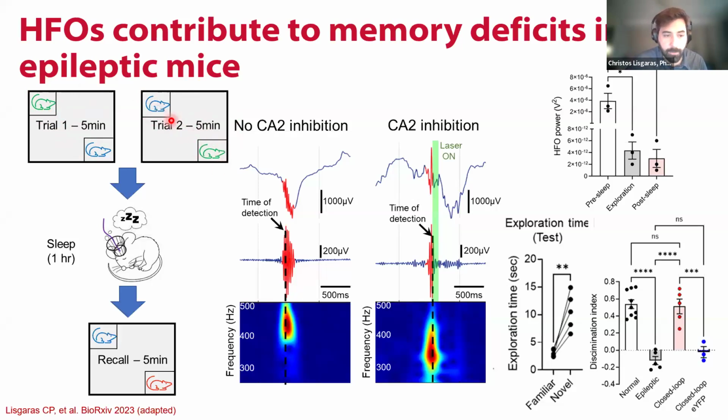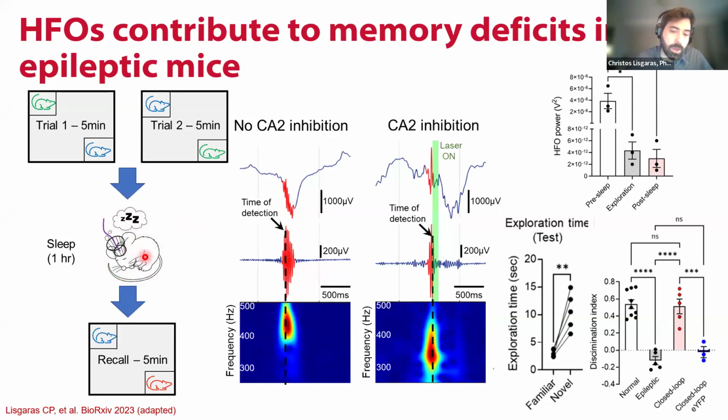We measure again. Then we put the animal back to the home cage when they usually sleep. And that time is advantageous because the mice at that time try to consolidate what they experienced during those learning trials. And that was the time that HFOs occurred. So we asked whether those HFOs would actually interfere with the ability of the mouse to consolidate what they experienced.